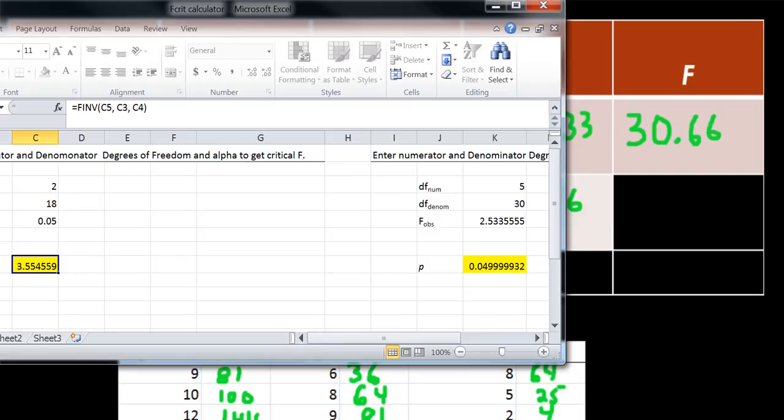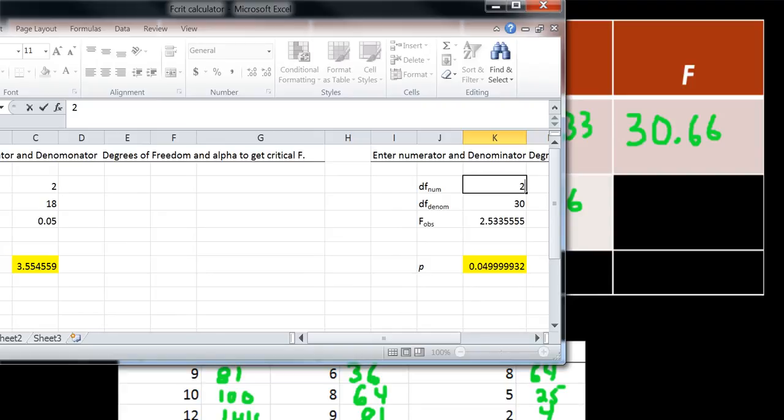These are generally tabulated in tables of F ratios where you can look up what the F critical value would be for a given alpha. So we would need to get 3.55. Clearly we've surpassed that by quite a lot. So the p-value that corresponds to this is going to be extremely low.